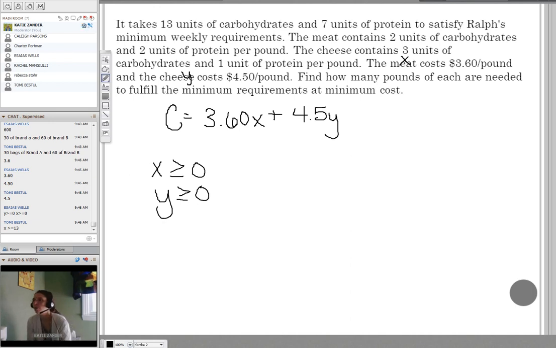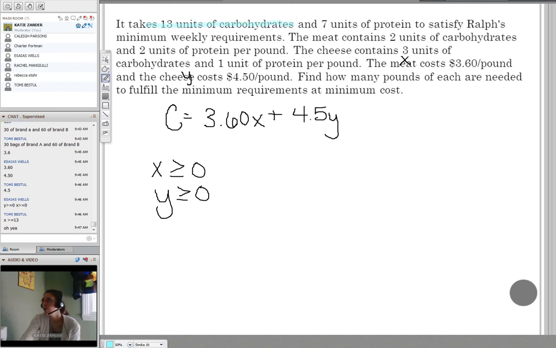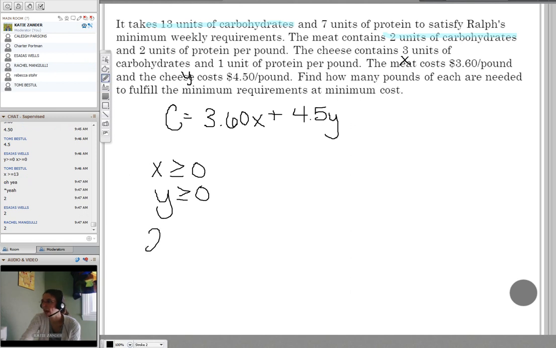Where is the 13? So 13 units of carbohydrates. Maybe we should talk about carbohydrates first. So if we're talking about carbohydrates in general, you have to look at each product individually. So let's start with the meat. How many carbohydrates are in meat? 2 units of carbohydrates, so we'll let that be a 2x.